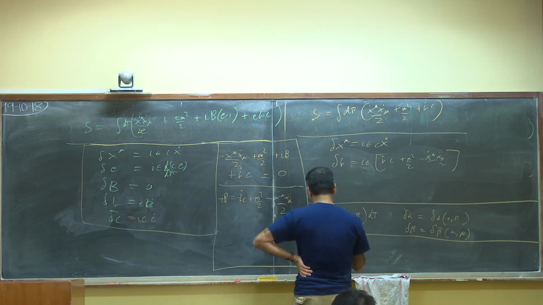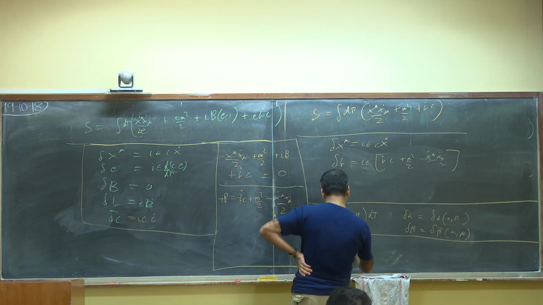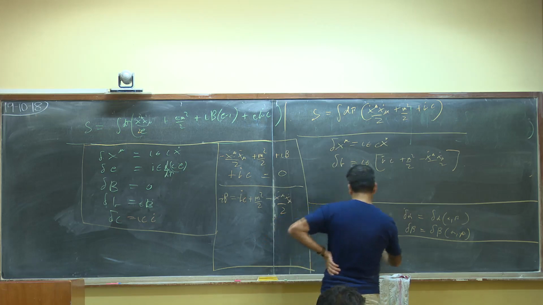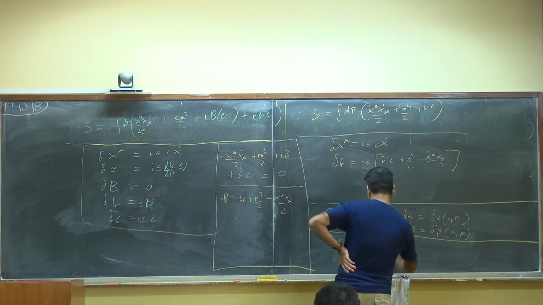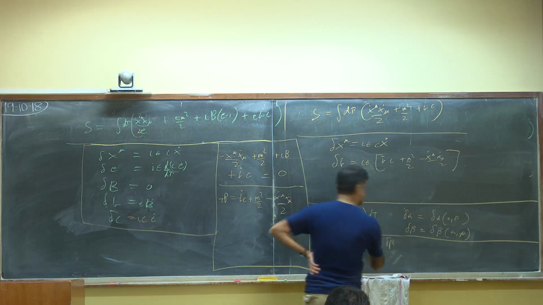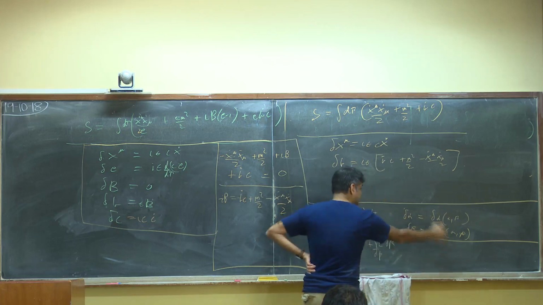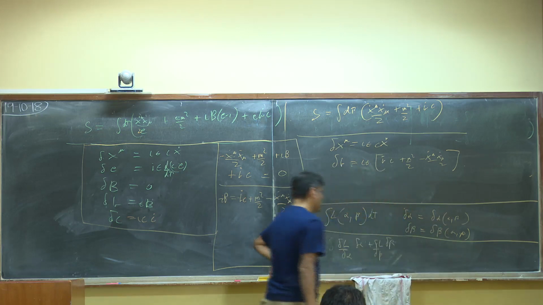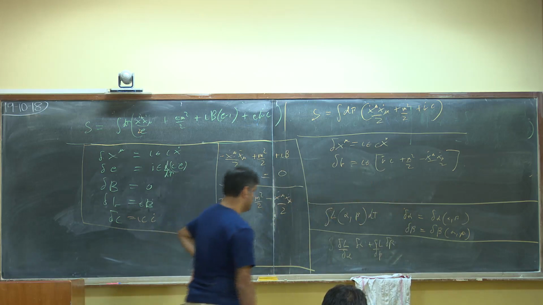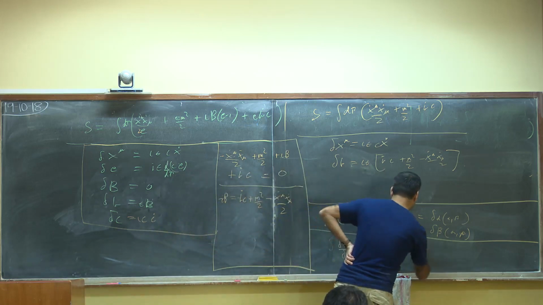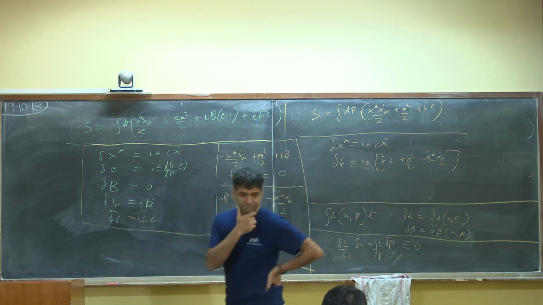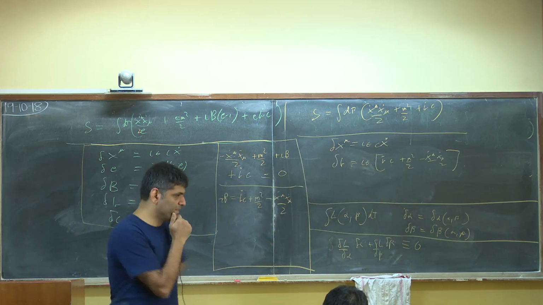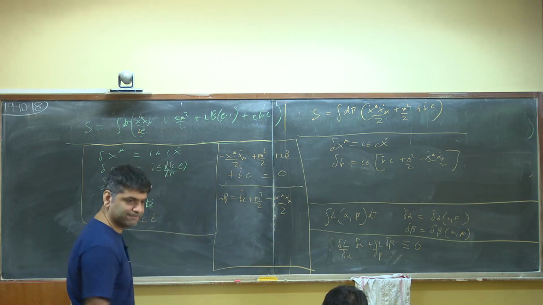So just action, Lagrangian, same thing. So delta L by delta alpha plus delta L by delta beta, where this delta alpha and delta beta were these particular quantities, was just identically equal to 0. This is what it means for it to be a symmetry.